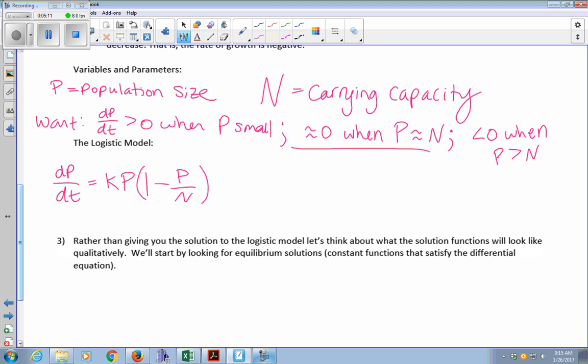So 1 minus a number bigger than 1 will be negative, and now my rate of growth is negative. You agree it is hard to write a model that captures those assumptions if I wanted to come up with that from scratch, but once I see it, I can say, yeah, that satisfies all the assumptions that I want.